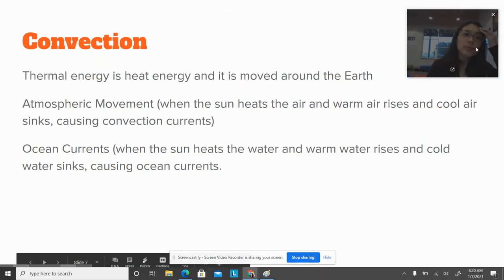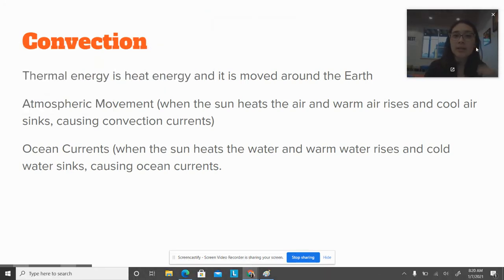Okay. So thermal energy is heat energy, and it's moved around the Earth. So the Earth is not heated all at the same time, the same temperature, because of the tilt of the Earth and the rotation of the Earth. The heat from the sun gets distributed differently in different places. So that causes different air temperatures, which causes different air pressures.